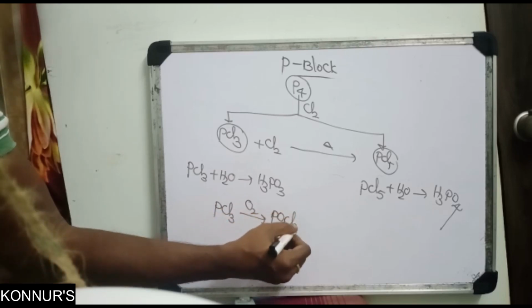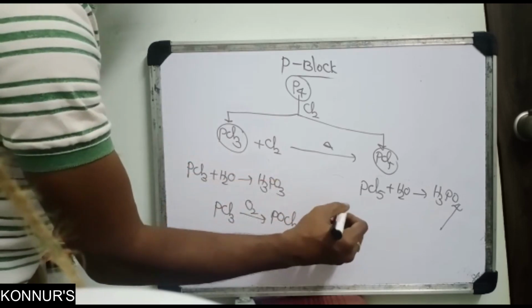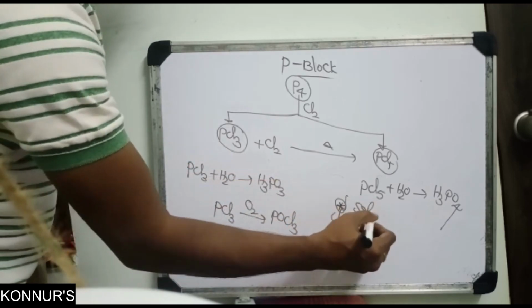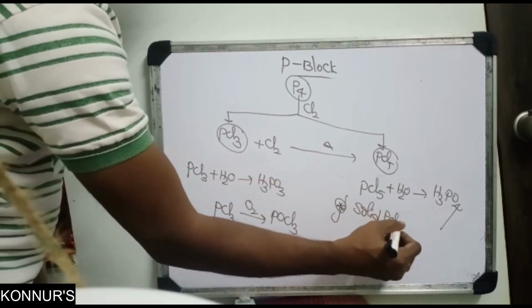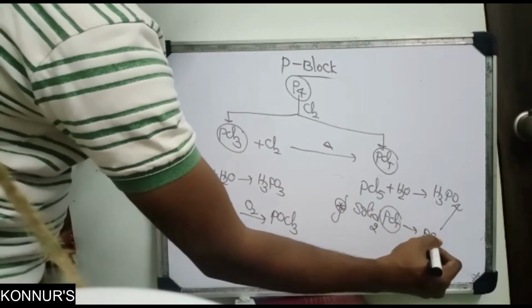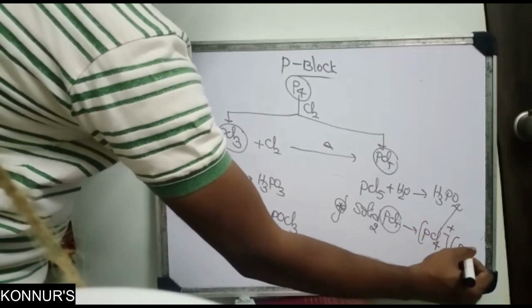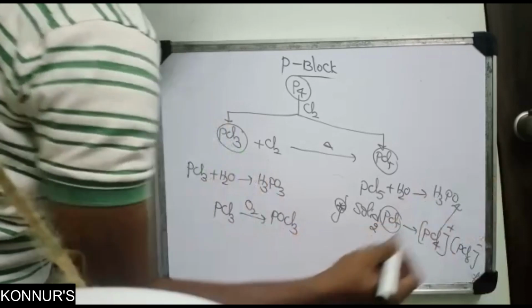POCl3 is possible. Next, solid PCl5 is important here. In solid state, two moles of PCl5 are available as PCl4+ and PCl6-.